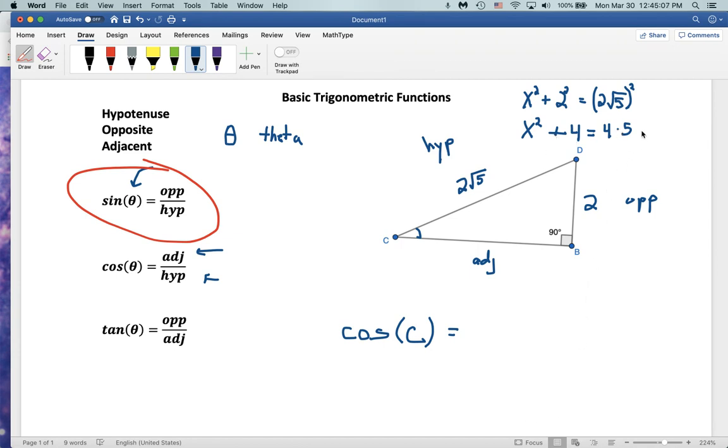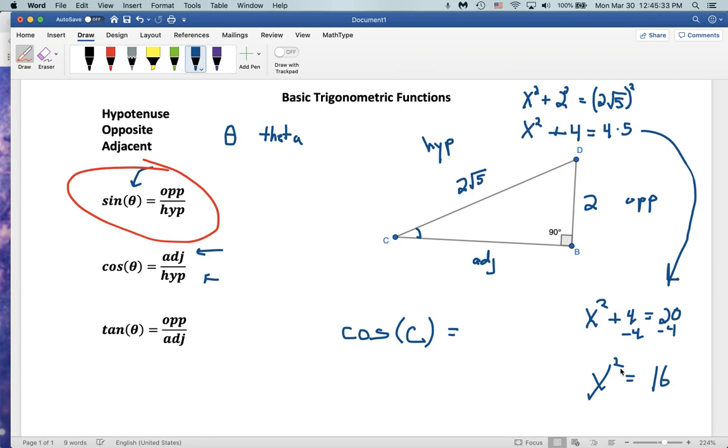So I'm going to come down here now so I don't get lost. I have the x squared plus 4 equals 4 times 5 is 20 minus the 4 over. And I get x squared equals 16.